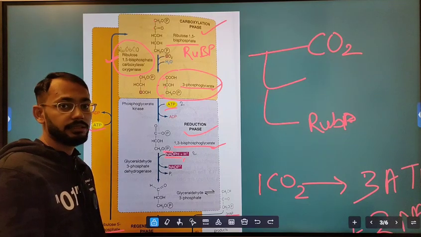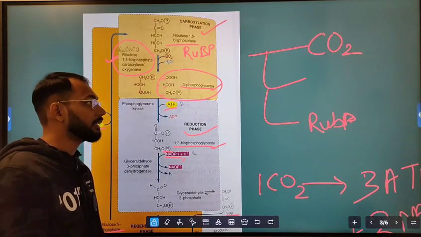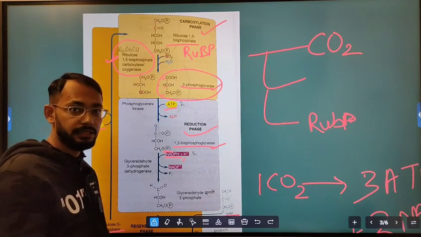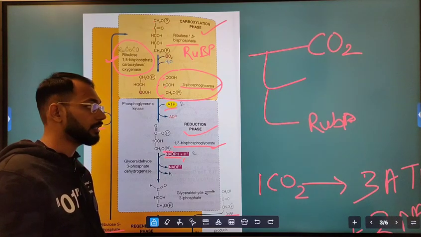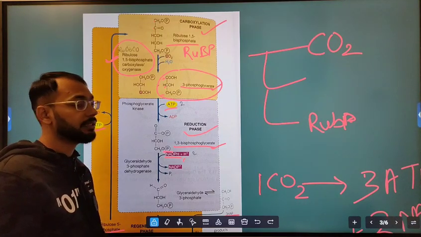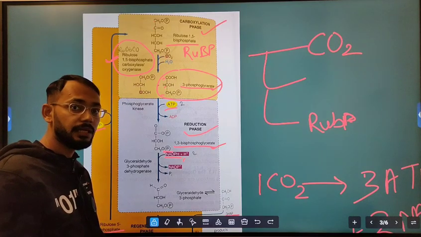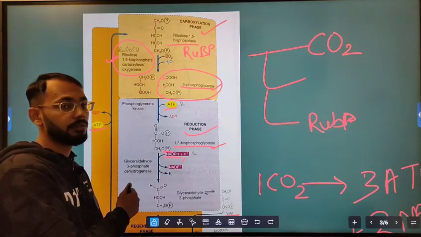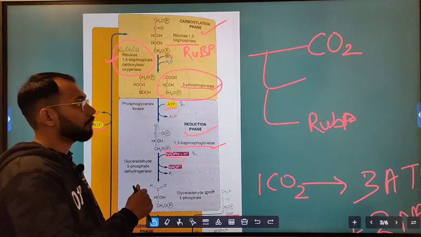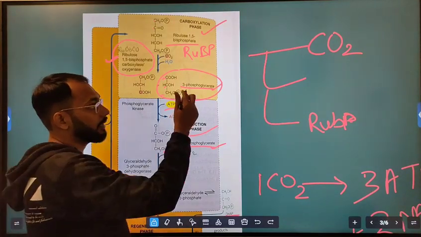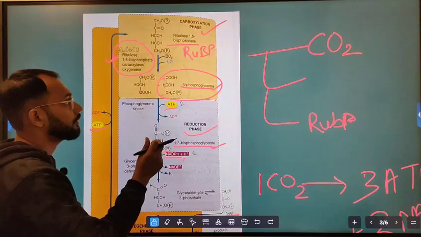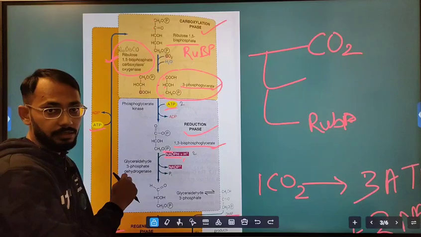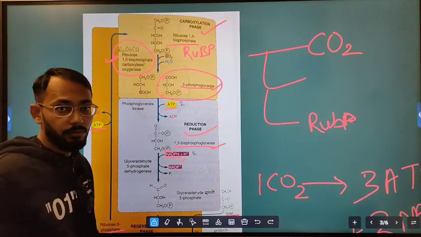The term dark reaction doesn't mean it happens in the dark only. It is just for contrast with the light reaction. Dark reaction depends upon the light, but not directly. This Calvin cycle depends on the products of light reaction. So what are the products of light reaction? ATP and NADPH, which are used in this Calvin cycle or C3 cycle to fix the carbon dioxide molecule.